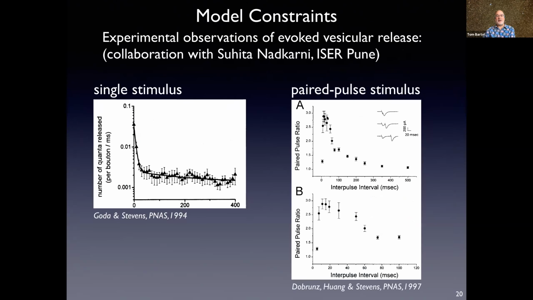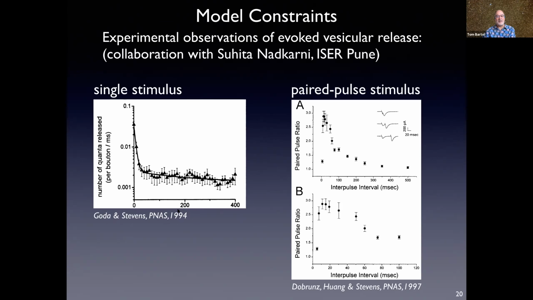Another constraint in the model was that this model encompasses pre and postsynaptic. On the presynaptic side, we have experimental observations of evoked vesicular release from Chuck Stevens' lab over the years. Here's Goda and Stevens from 1994, and the rate of vesicle fusion with the membrane after a single stimulus. The x-axis is truncated.